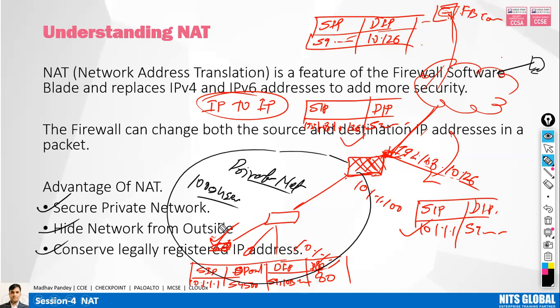If I don't do NAT and I want to make my network secure also, then I need 1,000 public IP addresses for 1,000 users. Is it possible? Is it feasible? No, it's not feasible, because we already have a shortage of IP addresses. So let's say we have one or two public IP addresses. Using one or two public IP addresses, how can we give internet to my entire private network? That is through NAT. So these are all the basic advantages of having NAT.